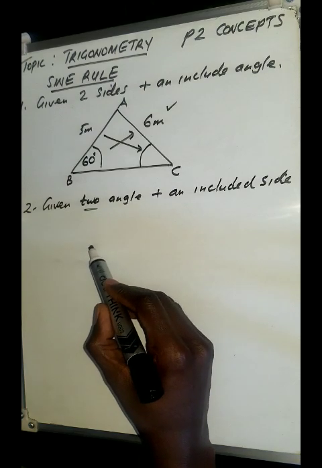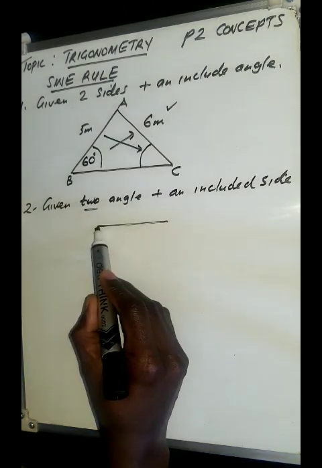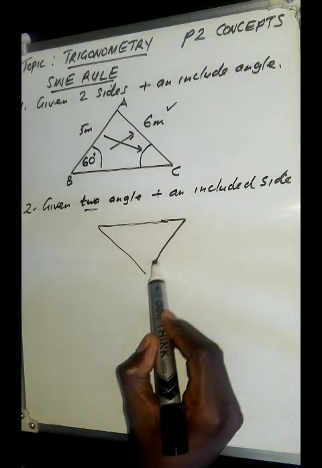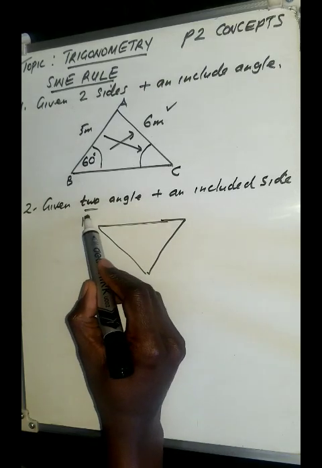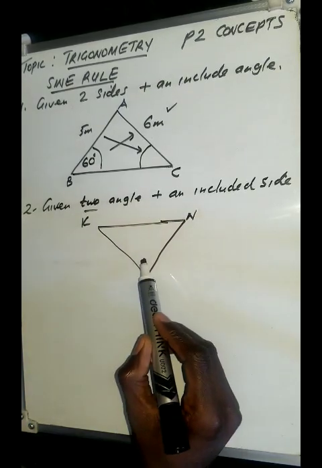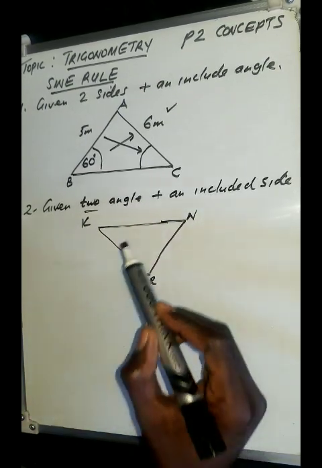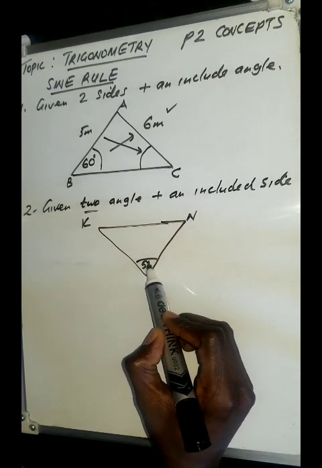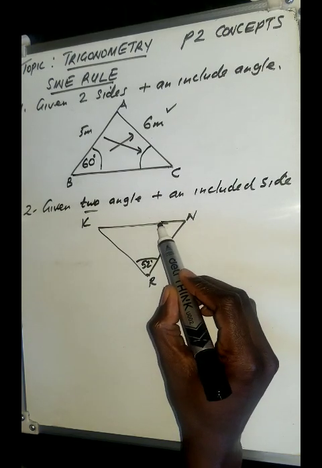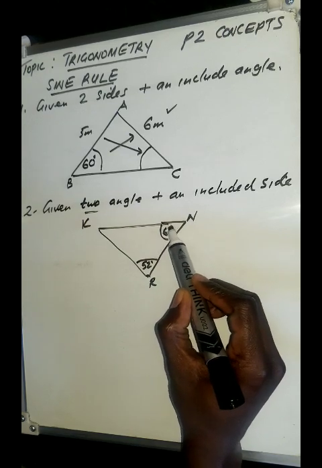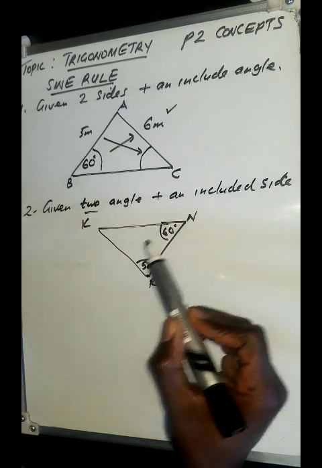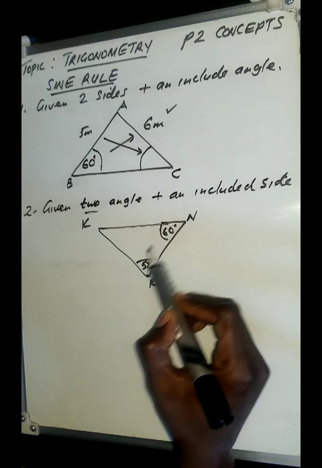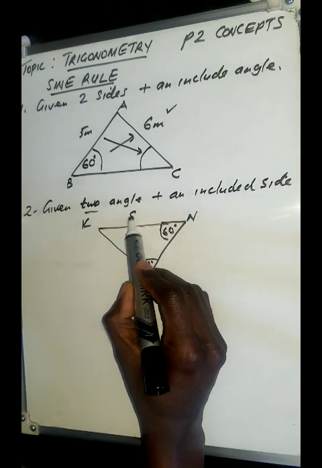So look at the situation that I can have there. Let's say you have this type of triangle, with K, N and R. Imagine they gave you this one as being 52 degrees. They also gave us this one to say maybe that is 60 degrees. So for these two angles, they may give you one of the sides.